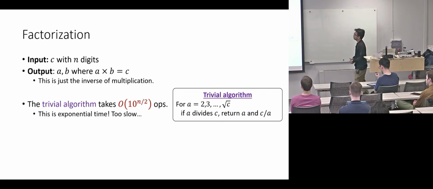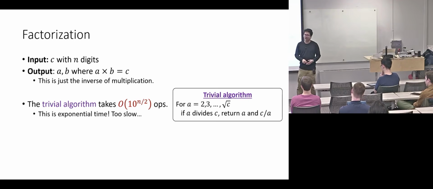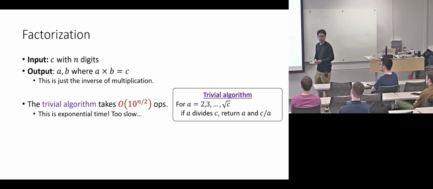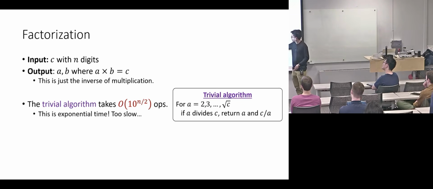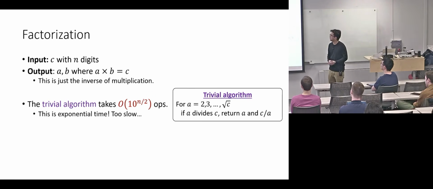Now the trivial algorithm: given C, you can run a for loop from A equals 2, 3, up to root C, and check if A divides C. If in one of the iterations A divides C, then you can factor C. But if none of these A divides C, then you can claim that C is a prime number, so you cannot factor it. So this is a simple algorithm that works.